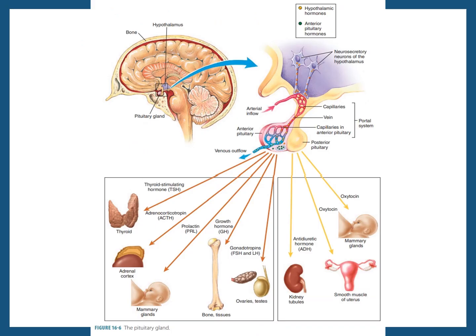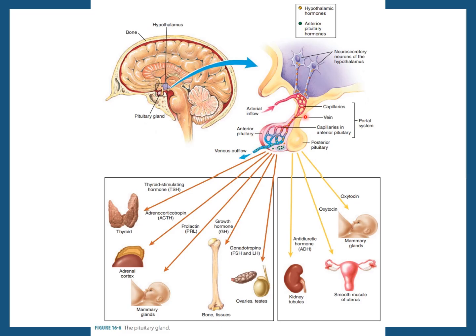So here we have another nice diagram where you can see the hypothalamus and the pituitary gland. And if we zoom in on that region, you can see the neurons of the hypothalamus that secrete these different hormones, and they will travel through a capillary bed and into the anterior pituitary.